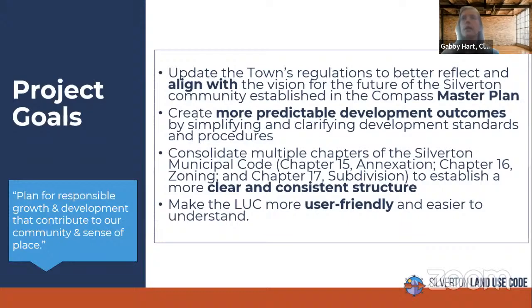Also to update the code to make more predictable development outcomes, to simplify and clarify development standards for both people building within Silverton, staff, and developers. To create a land use code that is user-friendly, as well as maintain a clear and consistent structure. Next slide, please.